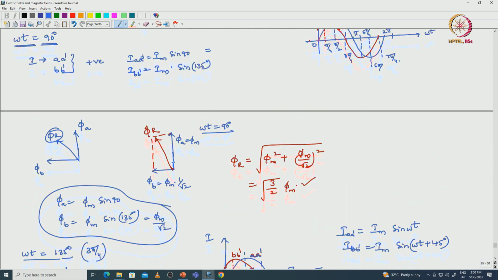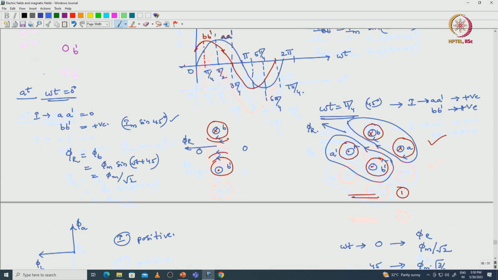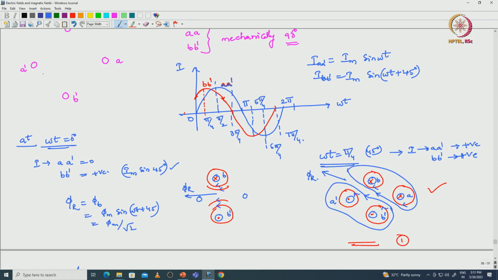At 0 degrees, where is the resultant vector? It lies between the second and third quadrant, which we can observe in this figure. The resultant vector is in the second and third quadrant, on the negative side of the x axis.